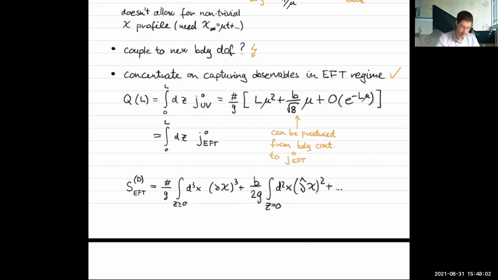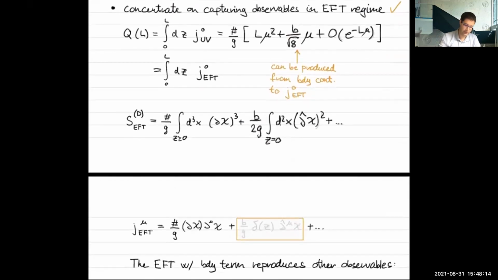Okay, so this is the proposal. You see this coefficient B appearing here, which shows up here as well. And indeed, if we do the Noether procedure for this action, we get a contribution to the charge or to the EFT current of this sort.